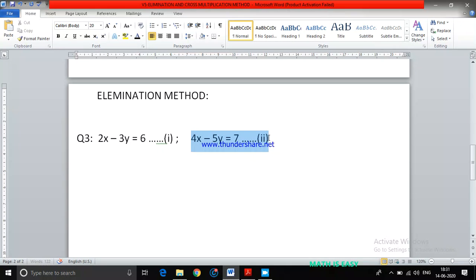What I do is, instead of putting the equation here, we can put it in the next line. You observe the x coefficient here. Here the x coefficient is 2. And here the x coefficient is 4. And here the y coefficient is 3.